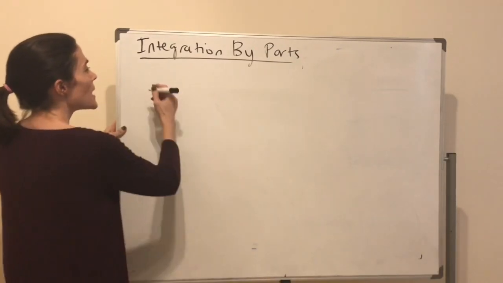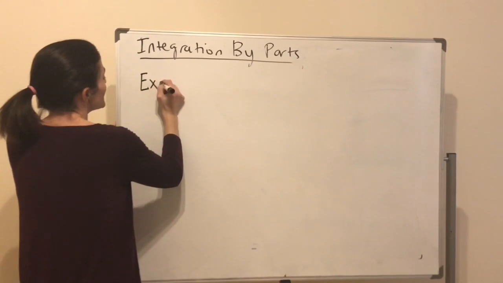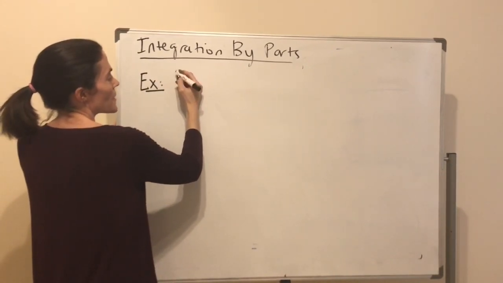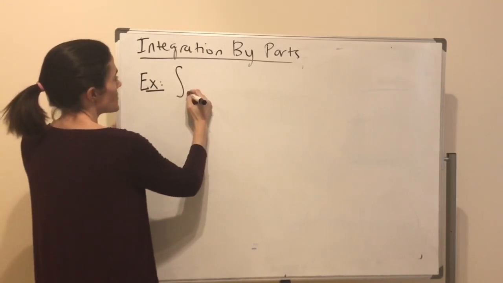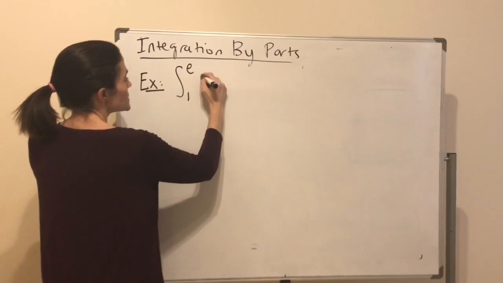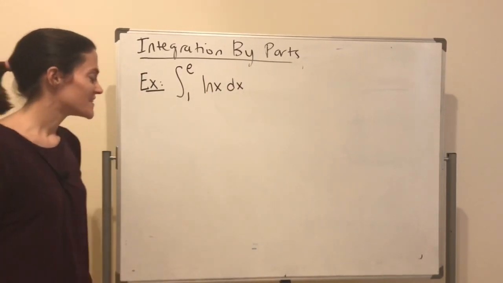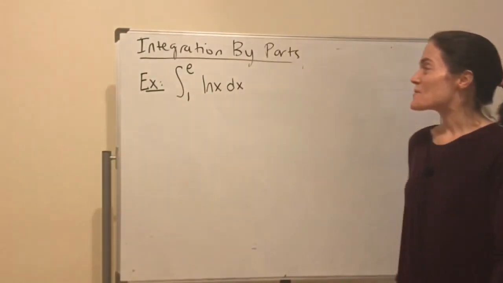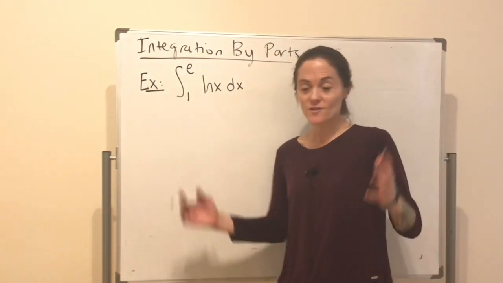Let's do something where we have a definite integral maybe. Let's go from 1 to e of just ln x dx. Here's a definite integral. Now you might be saying, how weird, what are you doing?